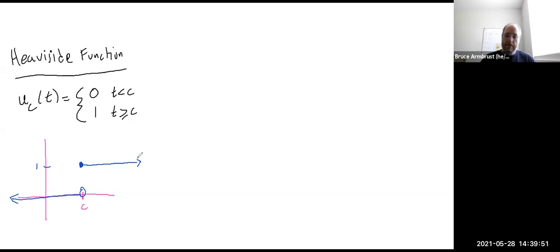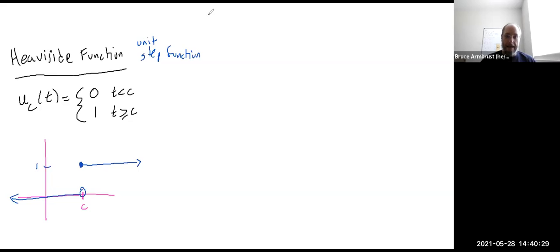Another name for this is a step function. You'll see that when you're reading, they'll often talk about the step function. I just checked back in the book, and they call it the unit step function, because we're going up 1 unit.